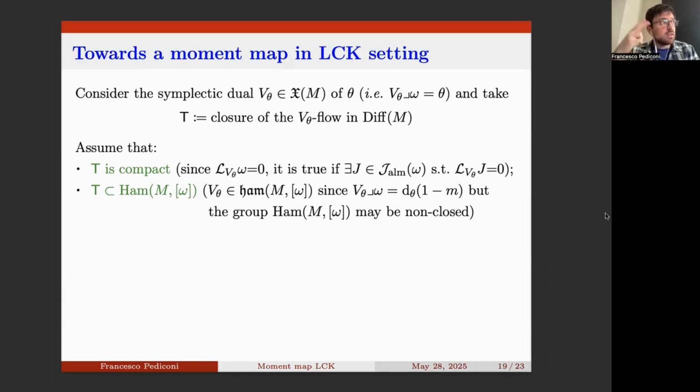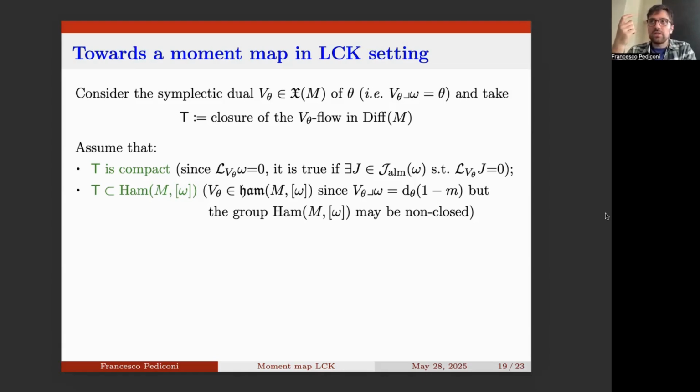The second condition that you need to impose on the torus is that it acts by Hamiltonian diffeomorphisms. Notice that when the flow itself is closed, so that T corresponds to an S1, this is automatically satisfied, because the symplectic dual of the Lee form is by definition a twisted Hamiltonian vector field, since it has a potential, and it is just a computation.